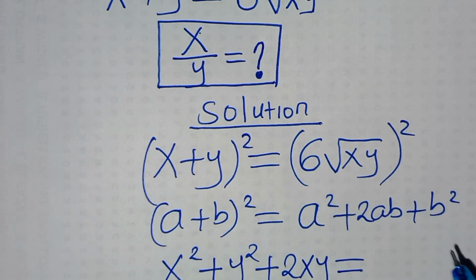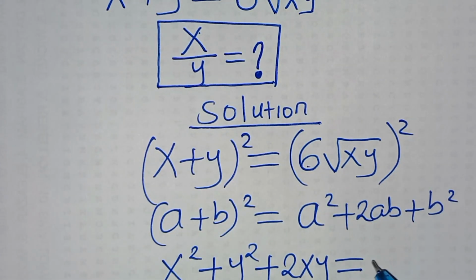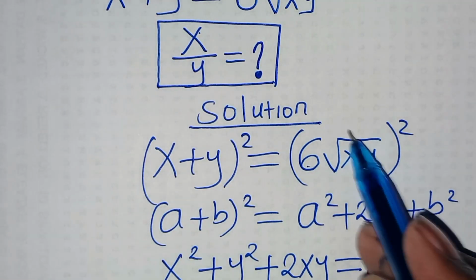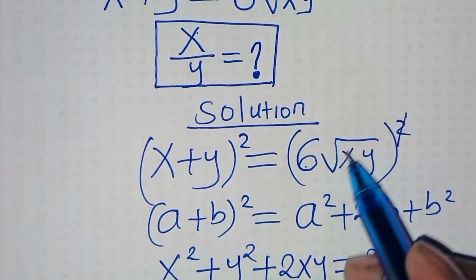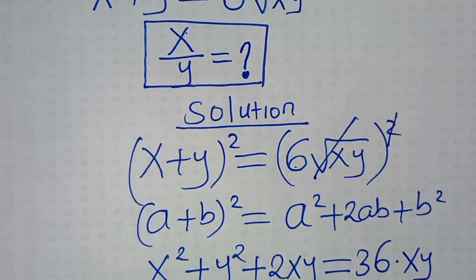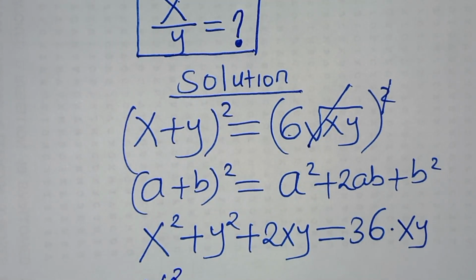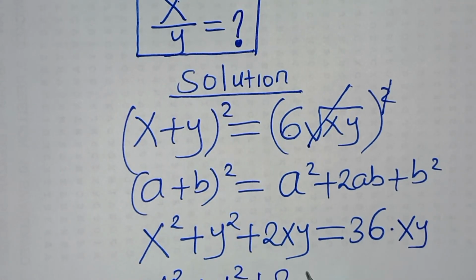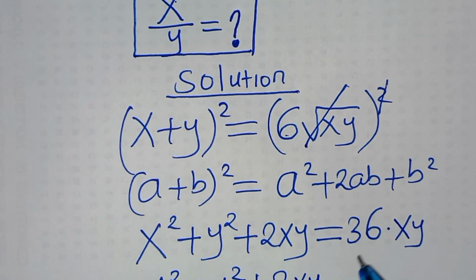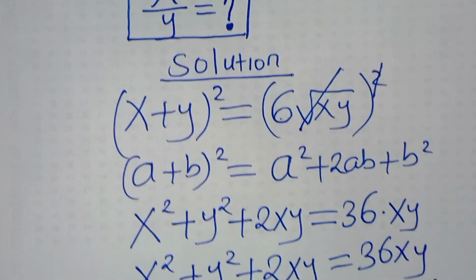This is equal to 6 squared, which is 36, multiplied by the square root of xy squared, which eliminates the square root sign, so times xy. So we have x squared plus y squared plus 2xy equal to 36xy.